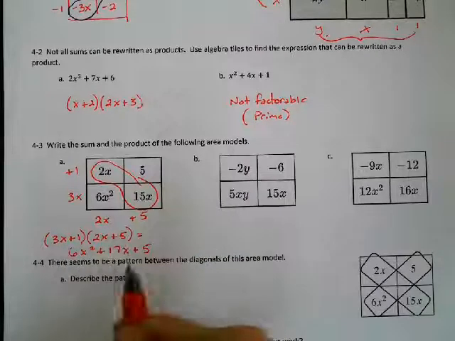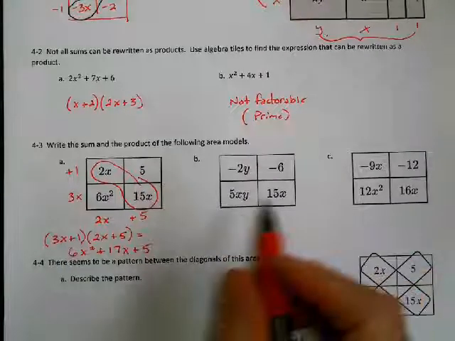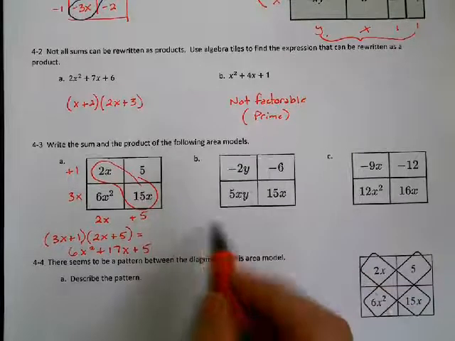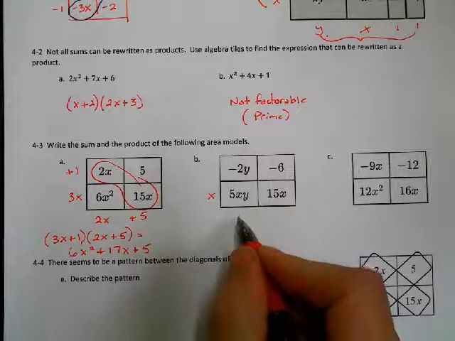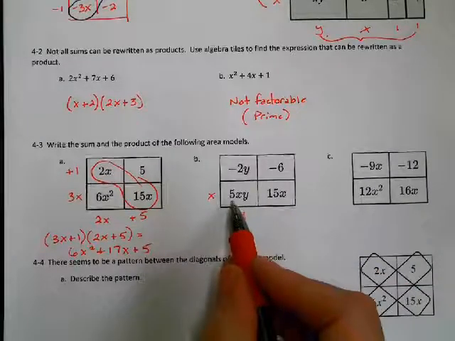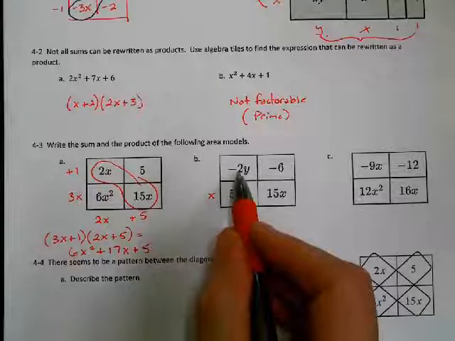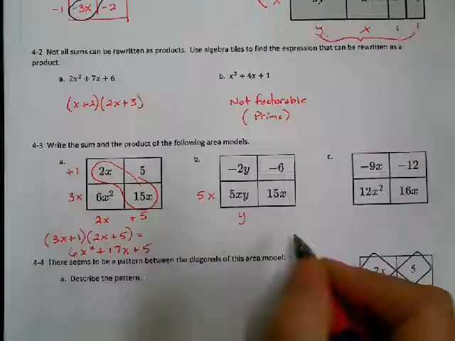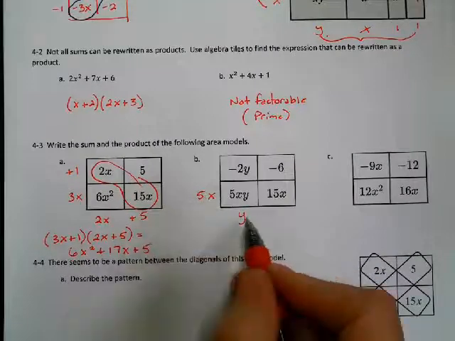Okay, this one, 5xy. This part has y's up there, this part has x's over there. So this is going to have x's here, and this is going to have to be y's here. That's 5, so I can't put the 5 here because I'm not going to multiply and get -2. So I'm going to put the 5 over here, and this will just be y. So 5x times y is 5xy.